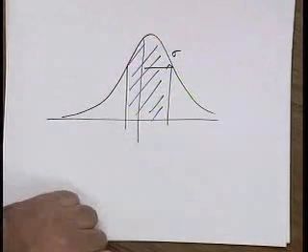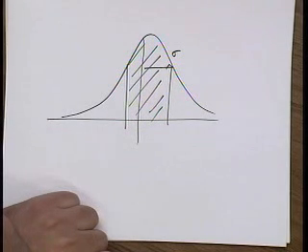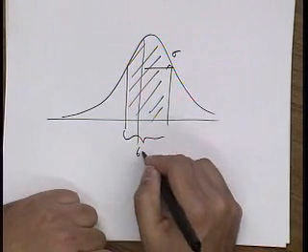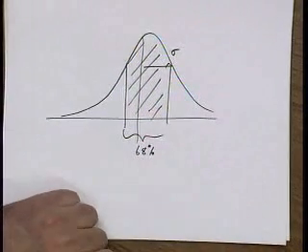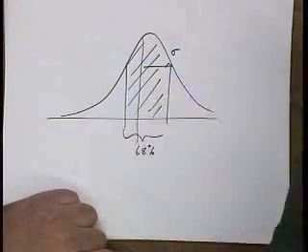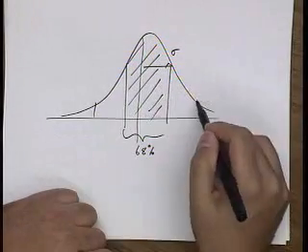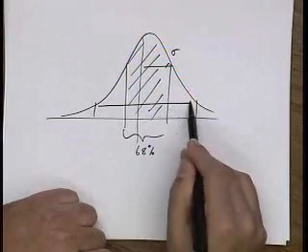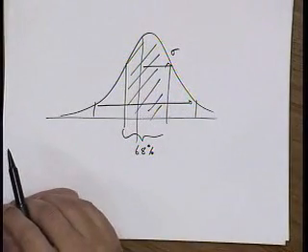How many parts are within one standard deviation? Anybody remember? 68, I think it is. Yeah, so 68%. What if you go within two? I'm cheating, I have a table here. What if you go within 2 standard deviations? Yeah, it's 95%.